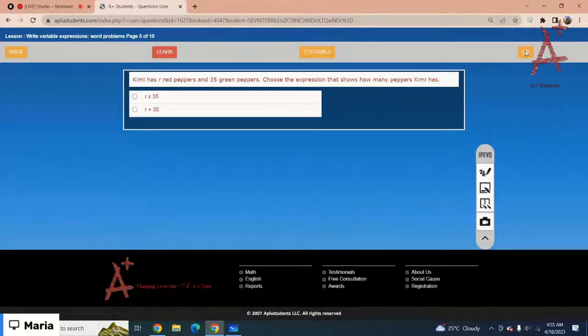Okay, Kimi has R red bell peppers and 35 green bell peppers. Choose the expression that shows how many peppers Kimi has. Which is the correct option, option 1 or option 2?